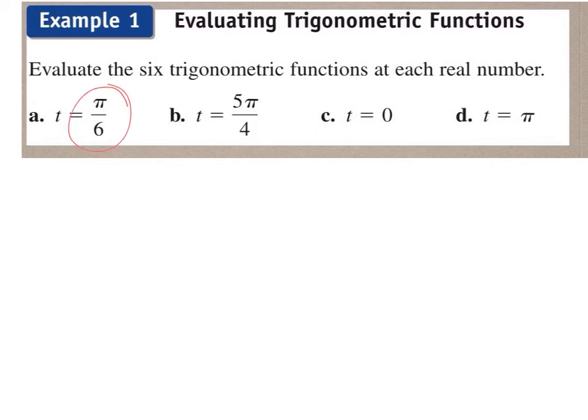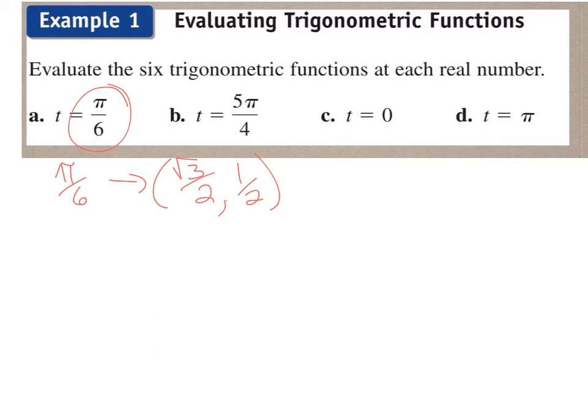And so we want to think about that angle on the unit circle, pi over 6, which would be the same thing as 30 degrees, and think, okay, what point does that correspond with on the unit circle? Well, pi over 6 corresponds with the square root of 3 over 2 and comma 1/2.